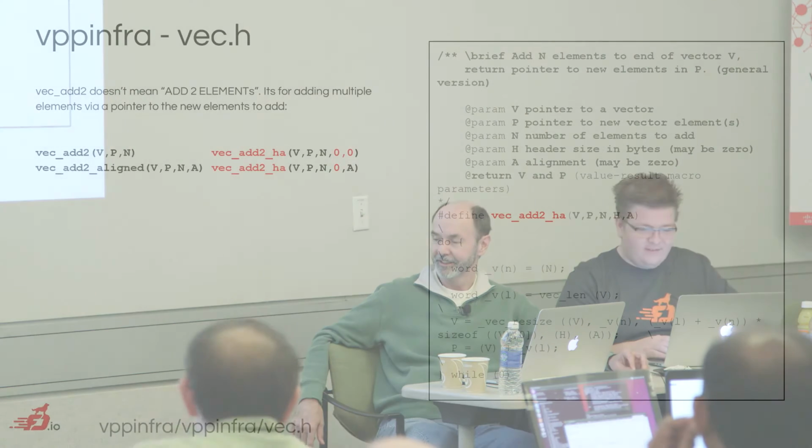It's just sort of the second vector add API. There's nothing magic about why it's vec.add2 rather than vec.add3. It's literally: I want a pointer back and I want to be able to allocate n of these in a chunk. It could have been that too, but it ended up as vec.add2.